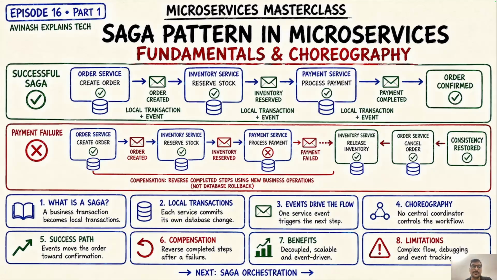A database rollback removes changes that have not yet been committed. A compensating transaction operates on changes that were already committed. It creates another valid business record that reverses their effect. For example, if a payment has already been captured, we do not delete it from the database.